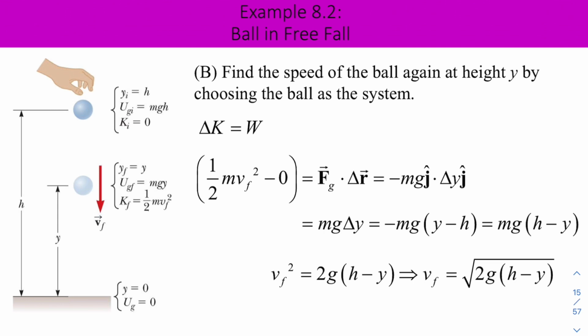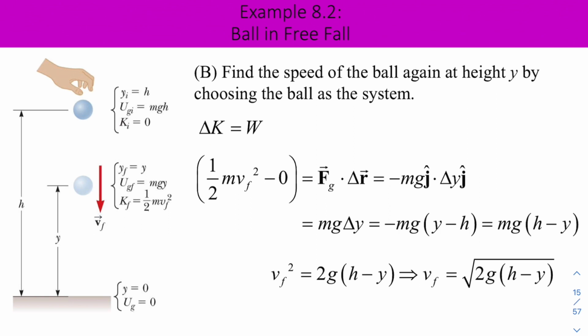B. Alright, find the speed of the ball again at height y by choosing the ball as the system only. Alright, so if I consider only the ball, not the earth, it will be delta K equals W. There is no more delta UG because we are only considering the ball as the system.